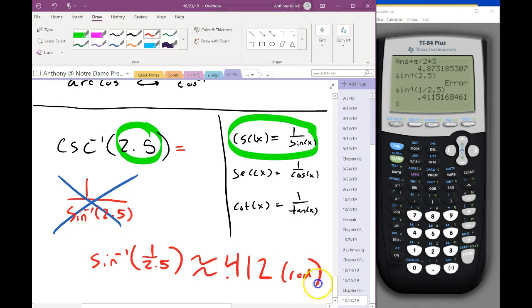And this is a radian answer, by the way. Let's stop here.